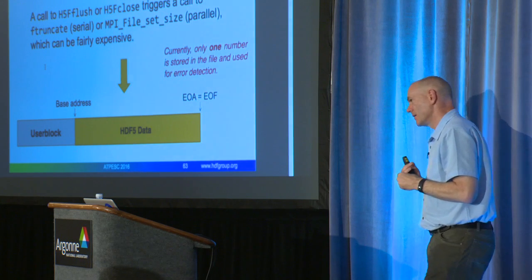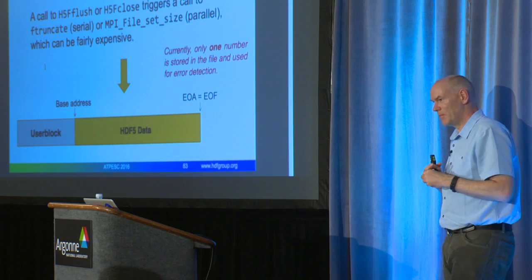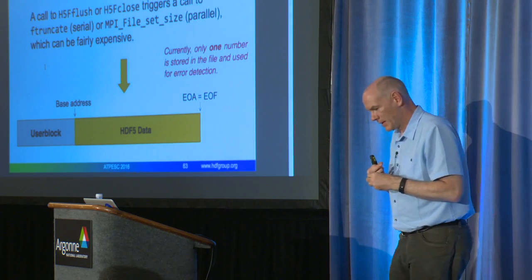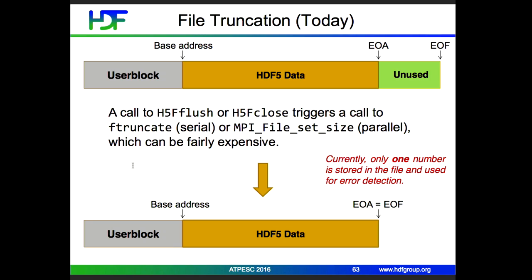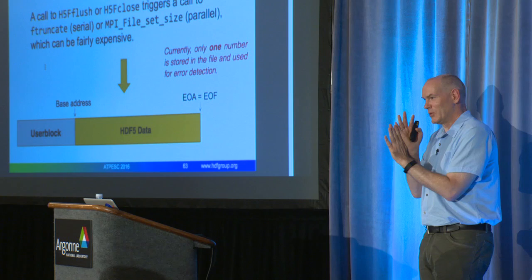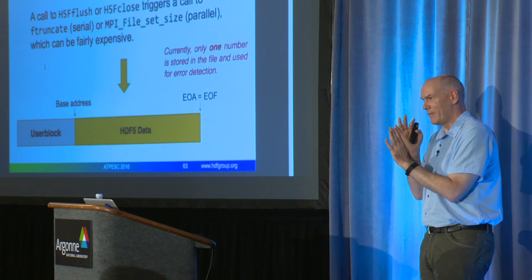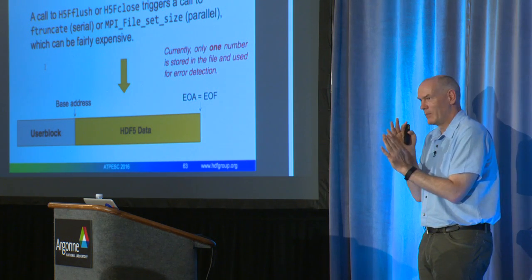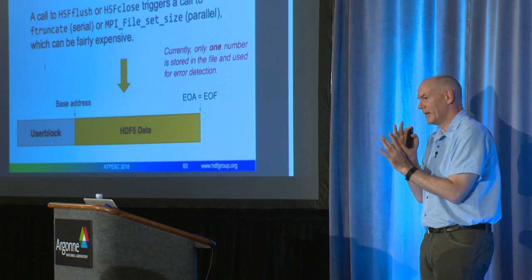Unfortunately, at least the way it was implemented before this fix was made, as part of this H5 close, we called ftruncate in sequential, or the MPI file set size call in parallel. And then we forgot this distinction between EOA and EOF, because it was just simpler to keep one number in the file.